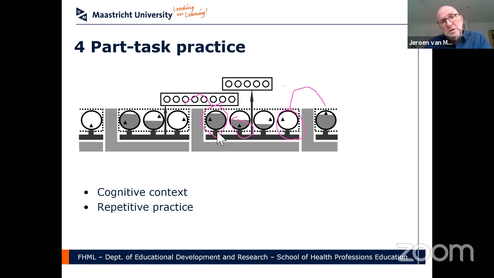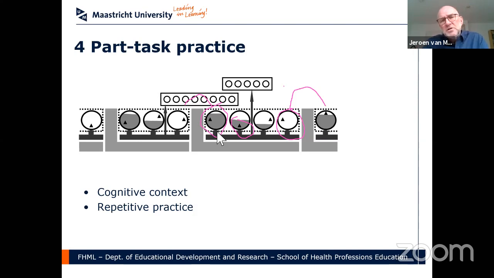And what, of course, is important for part task practice is repetitive practice. Practicing it over and over and over again until you can do it without conscious control. Giving intravenous injections, doing CPR, doing auscultation, recognizing particular abnormalities on an X-ray. These are all examples of routine aspects of tasks that can be trained as part task training.